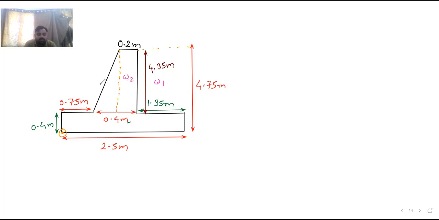I will call this W3. This last one is W4. So these are the weights W1, W2, W3, W4. So now further, here first W1.